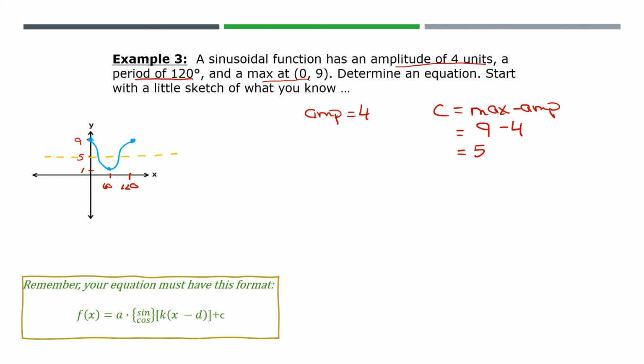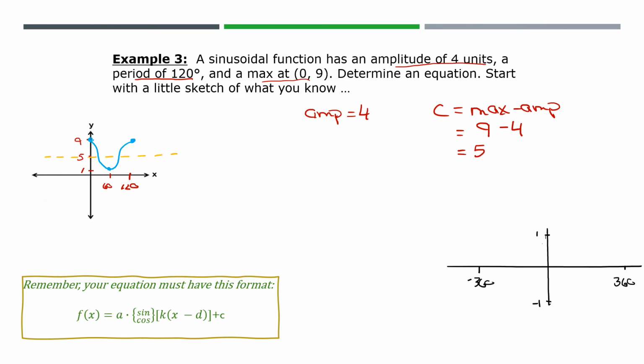Cos is always easier. If the question doesn't tell you that you have to use sine or cos, use cos. Cos is easiest because, remember our parent function for cos, let me put it down here. I'll draw a little sketch. Okay, I'm going to start at 1 and I've got to get a maximum.